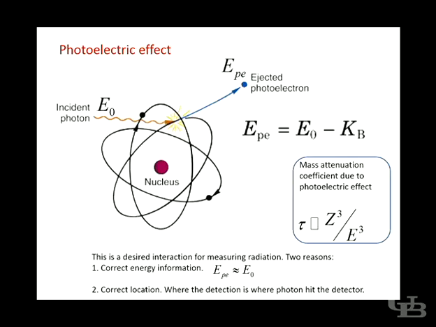The photoelectric effect is when the incoming photon hits an orbital electron and passes all its energy to that electron. It's called the photoelectric effect. And the ejected electron will have the photon energy minus the binding energy of that electron.